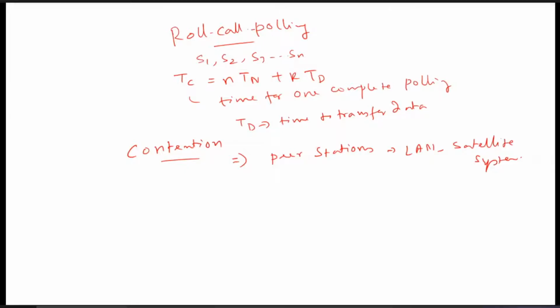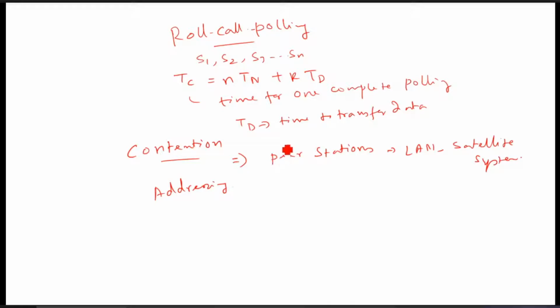If you see all these multi-point line disciplines, one thing is most important, that is addressing. In case of roll call polling, we have seen there will be a primary station, and it must indicate the intended secondary.